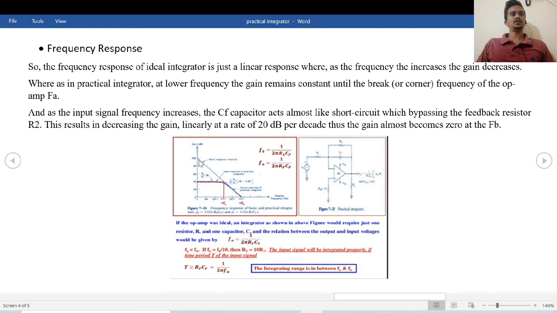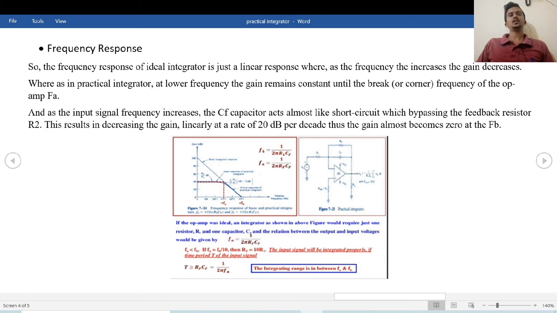This is the response of the ideal integrator, whereas in the practical integrator at a low frequency the gain remains constant until the break or corner frequency, which is FA, and as the input frequency increases, the CF capacitor acts mostly like a short circuit, which bypasses the feedback resistor R2, resulting in the gain decreasing linearly at a rate of 20 dB per decade.